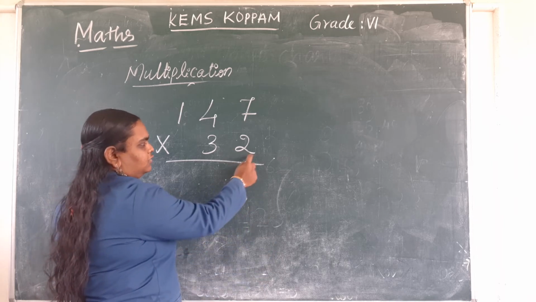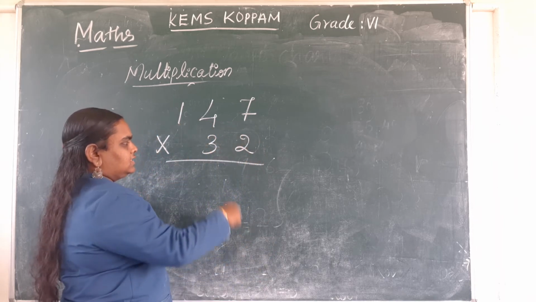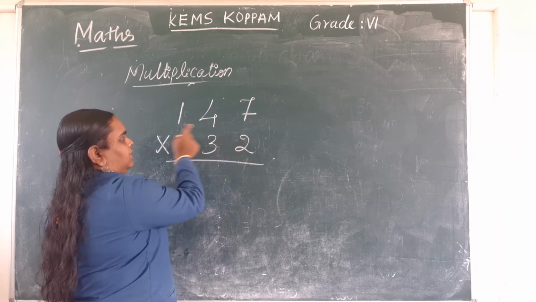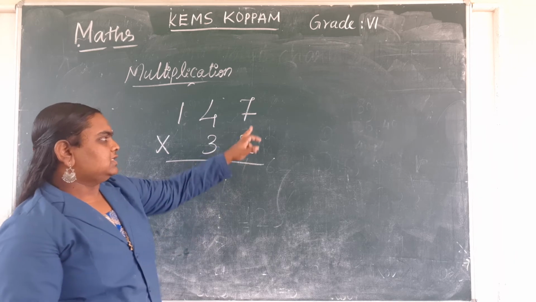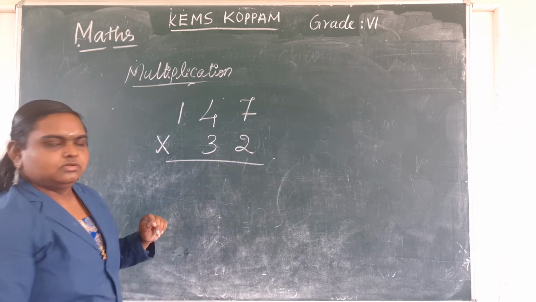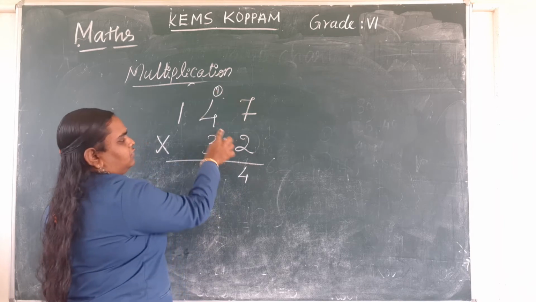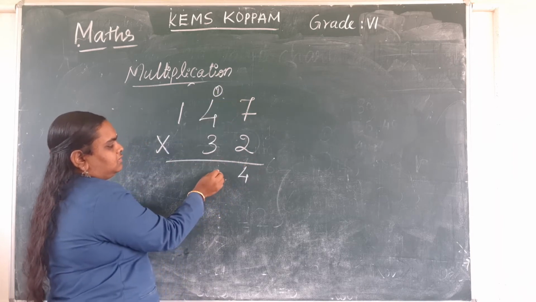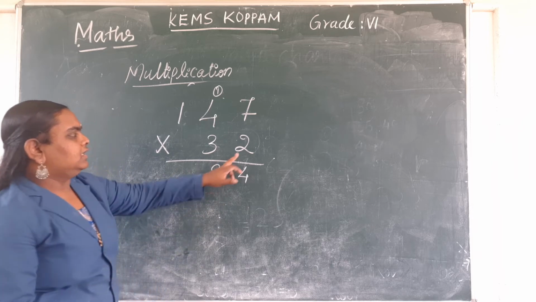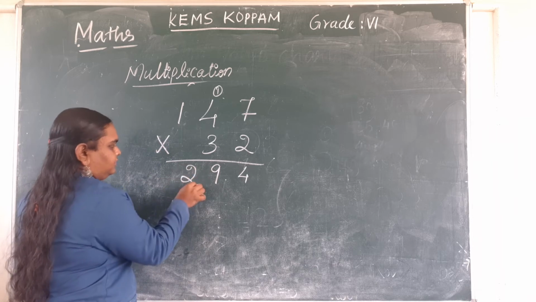So, first we have to multiply the 2 with these 3 numbers. Then next step, 3 should be multiplied with these 3 numbers. Okay. Then 7 twos are 14. So 4, remaining 1. 4 twos are 8. 8 plus 1? 9. Then 1 twos are 2.